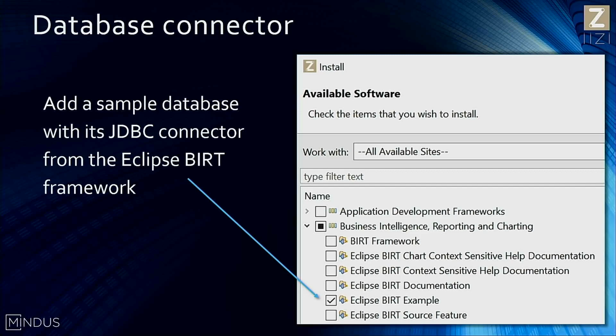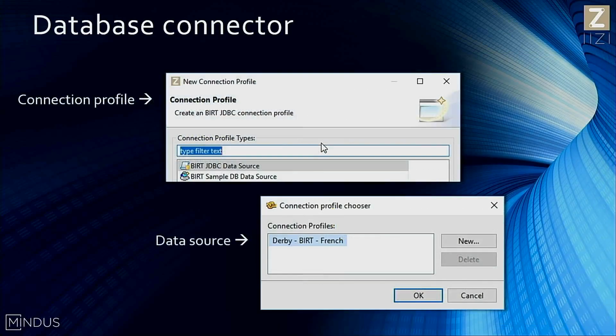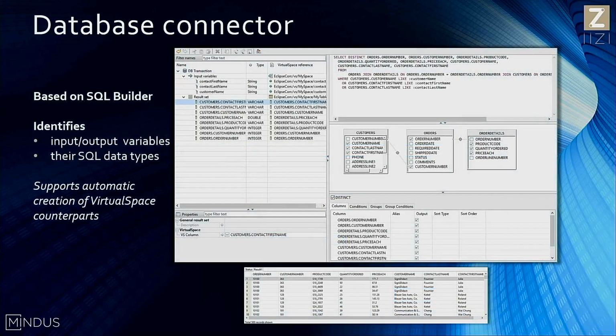You can add BERT, which is an excellent database sample, which you add a connection profile and then you define it. There are localized versions, for example, in French or other languages. The database connector is built on the SQL builder. This is the part you'd recognize, and this is the new part we are doing.